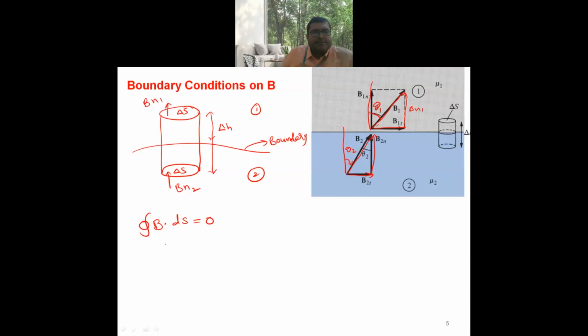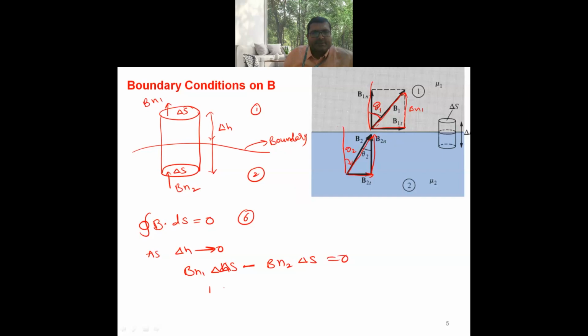As we know, Gauss law for magnetic fields, the closed surface integral of B dot dS is equal to 0, let it be equation number 6. From equation 6, as delta H tends to 0, Bn1 delta S minus Bn2 delta S is equal to 0.